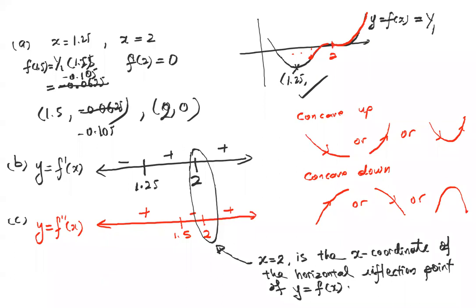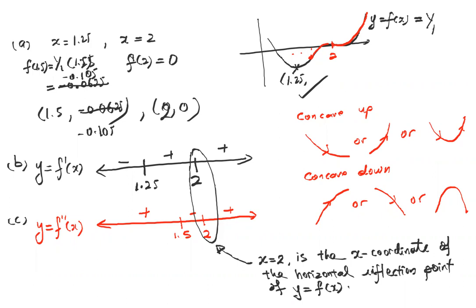If the number appears on both f prime x and f double prime x, it belongs to a stationary inflection point for the original function, that is y equal to fx.